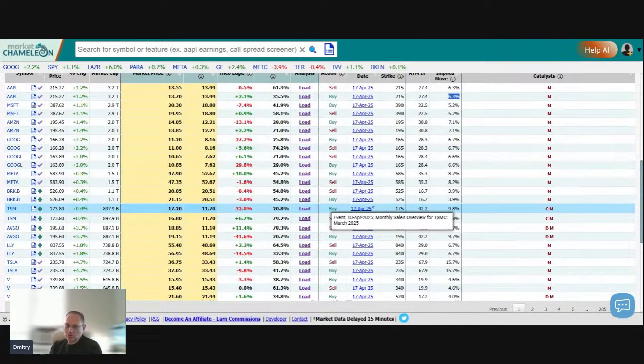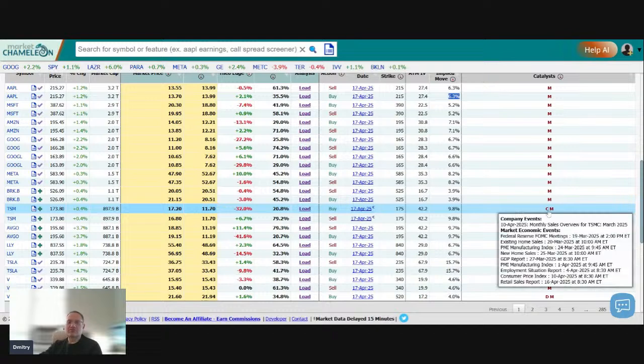So that means that there will be some event prior to expiration that's specific to the stock that could potentially cause the stock to move more, because we don't know what the outcome is or what the company will say. But it is an event specific to the stock where traders and investors are paying attention, and it could potentially be a catalyst for a reprice.